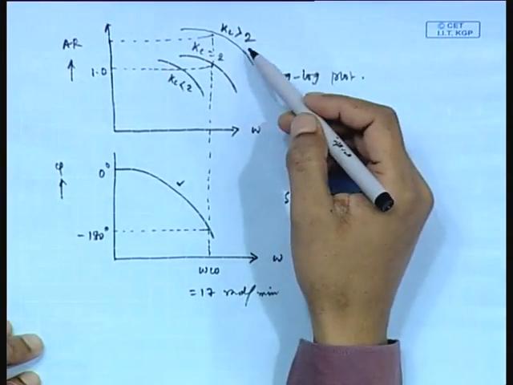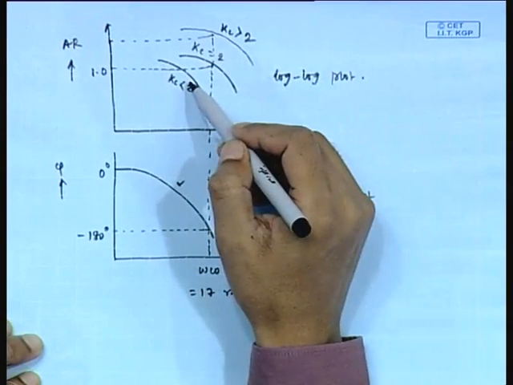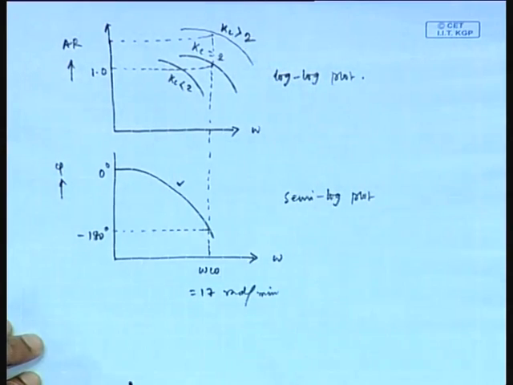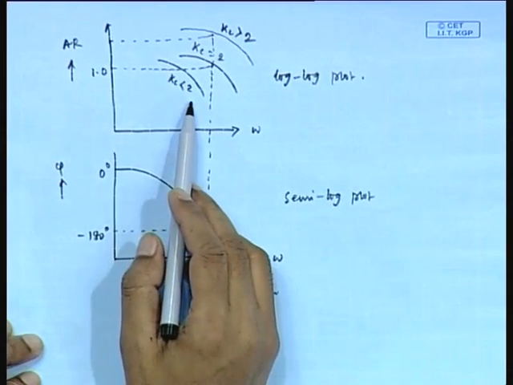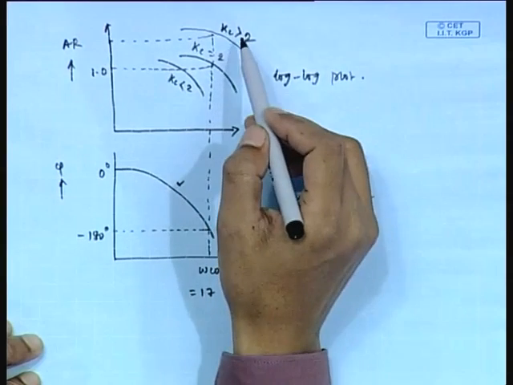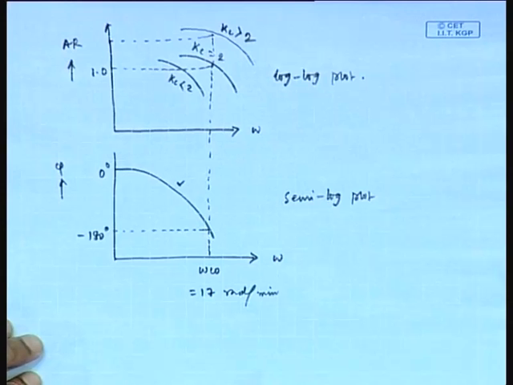Other two cases are also shown here. They are Kc less than 2 and Kc greater than 2. It is obvious from this plot that when Kc less than 2, amplitude ratio becomes less than 1, and when Kc greater than 2, amplitude ratio becomes greater than 1. So, this is the Bode plot.